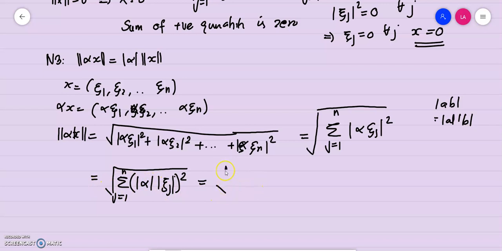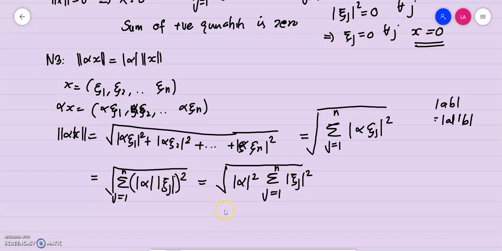So this can be written as square root of modulus of alpha square into summation j equal to 1 to n of modulus of theta j the whole square. I use modulus because it can be used for both real and complex numbers.